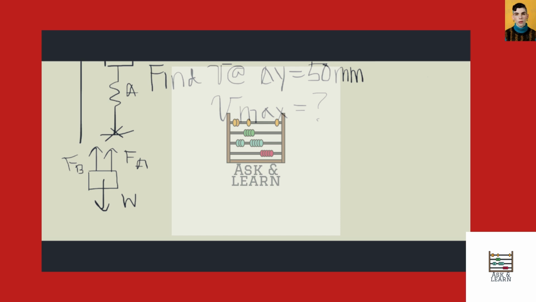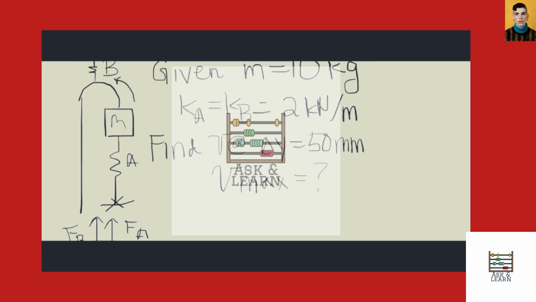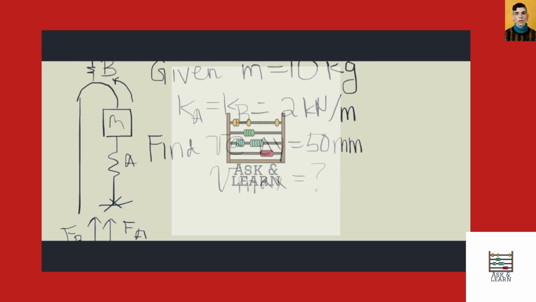Now I know we have a cable that is attached to this spring and the block, but due to Newton's third law, forces that are equal and opposite, we can forego the tension and just say that tension is equal to the spring force, which is what we have done here. We are going to consider the down direction our positive, since we're assuming that is the direction that the block first moves in.